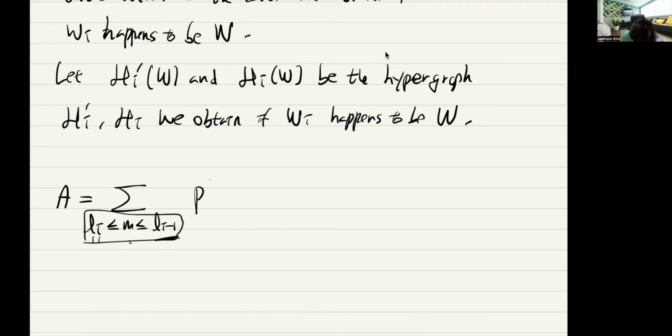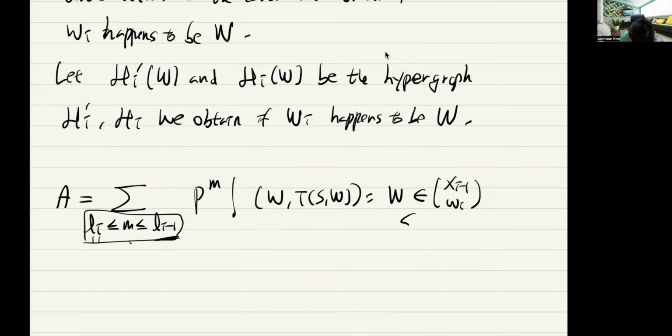And for each of them, you take P to the M, but how many choices? You consider all the minimum fragments. And this W is all possible sets, and S is all edges that survived.